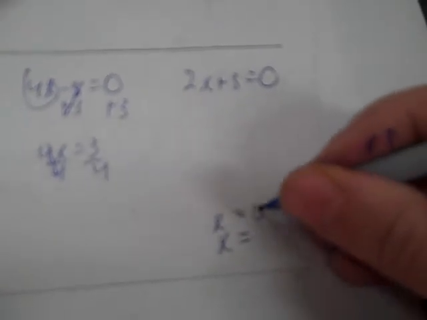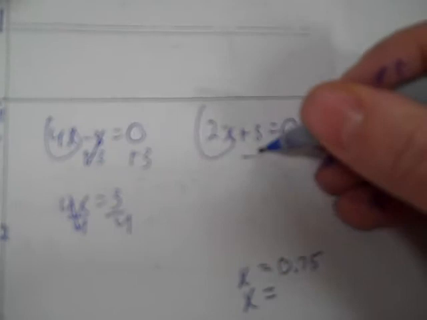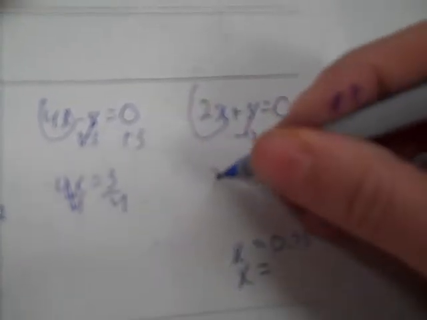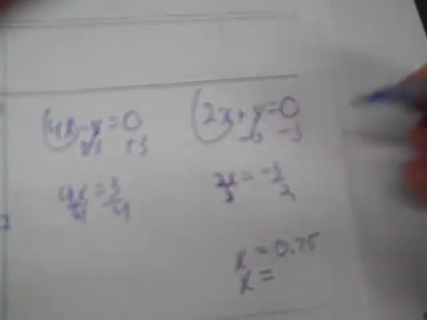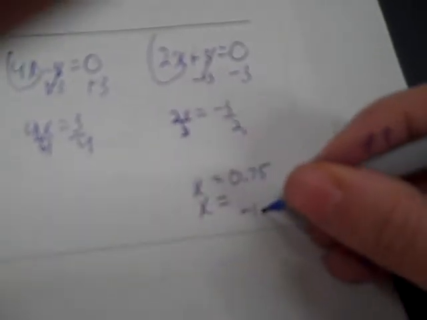And 4x minus 3 equals 0, and 2x plus 3 equals 0. So plus 3, so 4x equals 3. You can either write 3/4, but some of you guys who hate fractions, 3 divided by 4 is 0.75. Minus 3, 2 times x is negative 3. Negative 3 divided by 2 is negative 1.5.